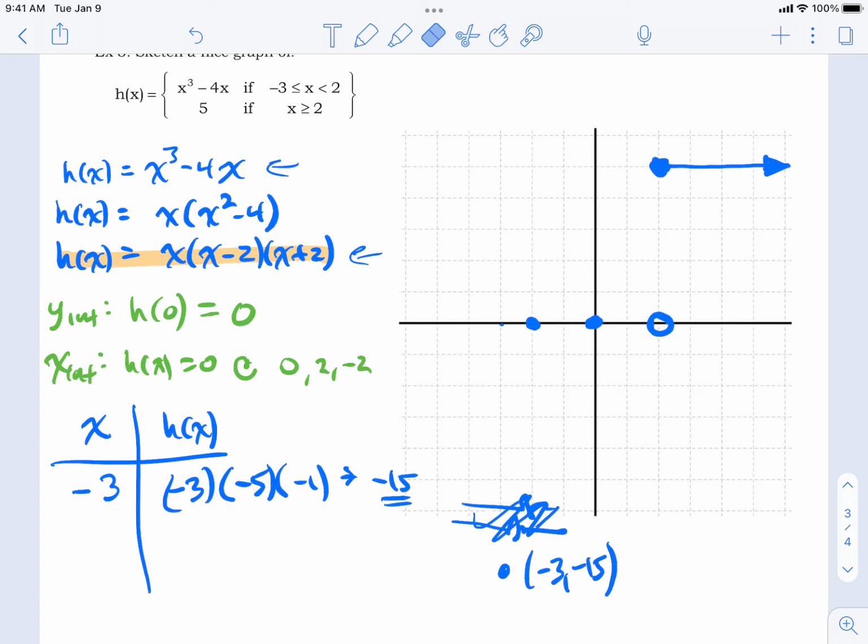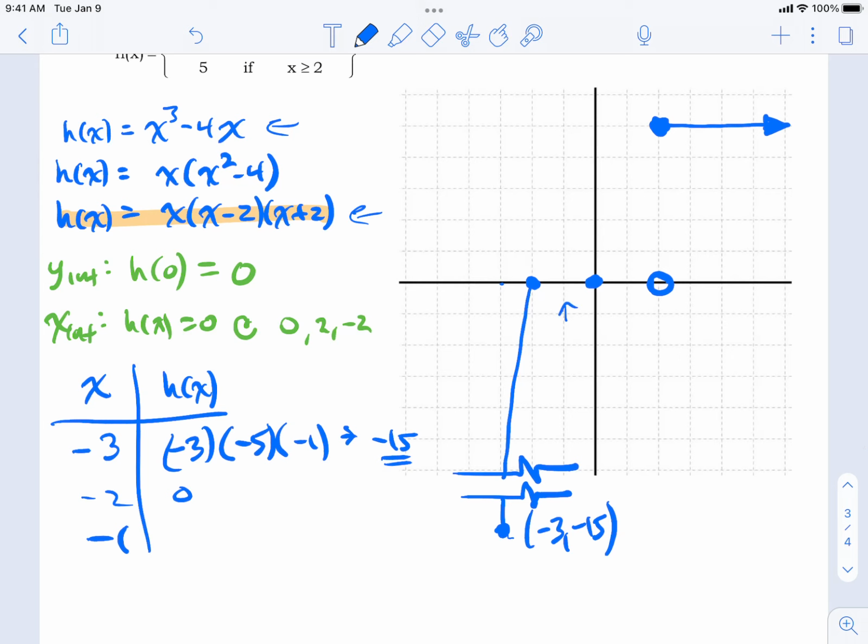You could draw lines like this to show that it's kind of going like this and that this is a break in the scale. So negative 3, negative 15 is the lowest point that we go here. When we're at negative 2, of course, we're at 0. How about when we're at negative 1?